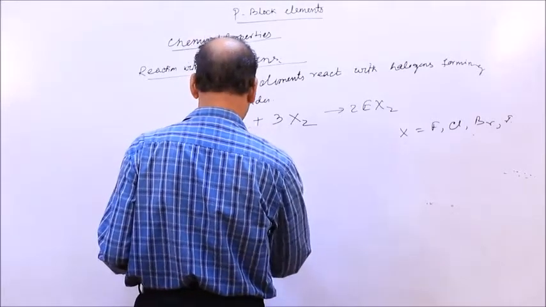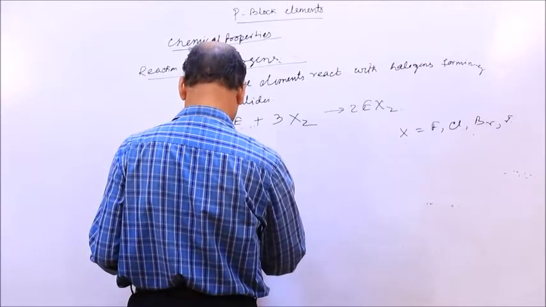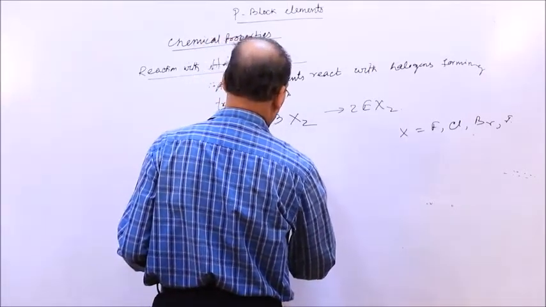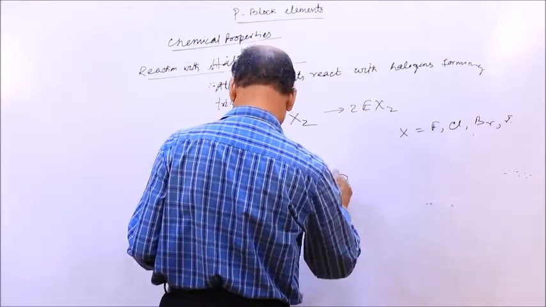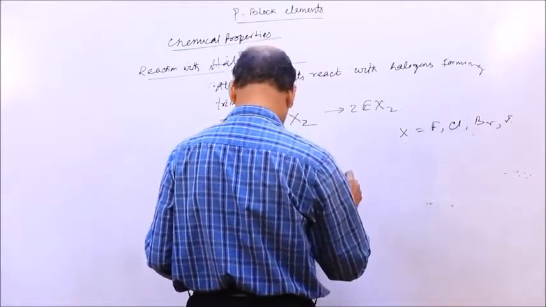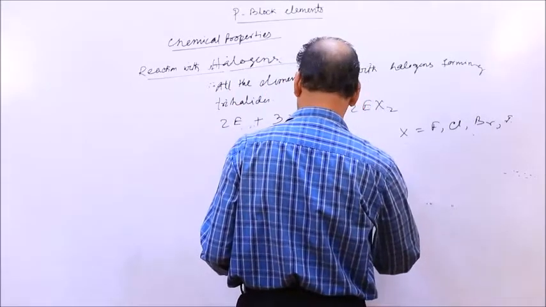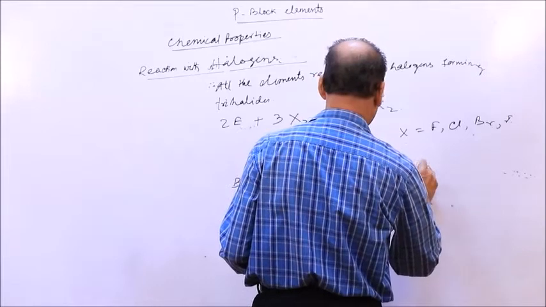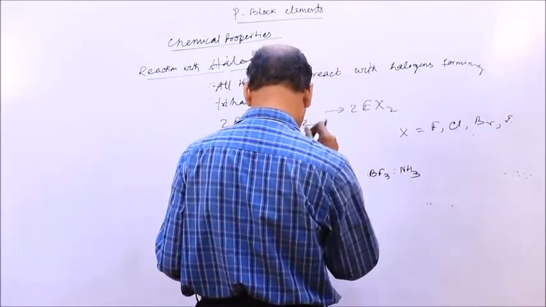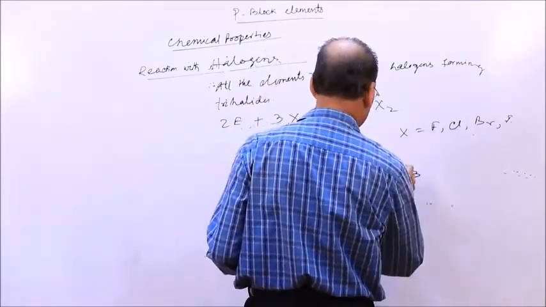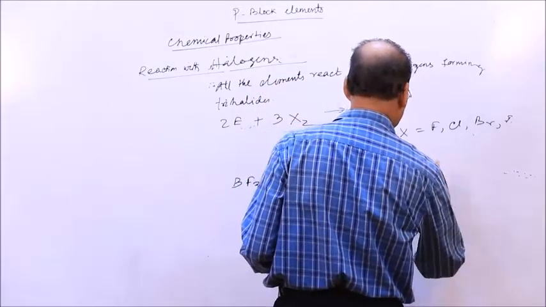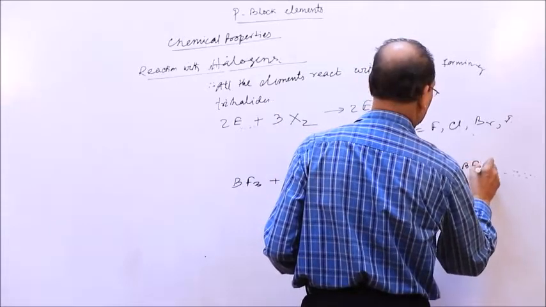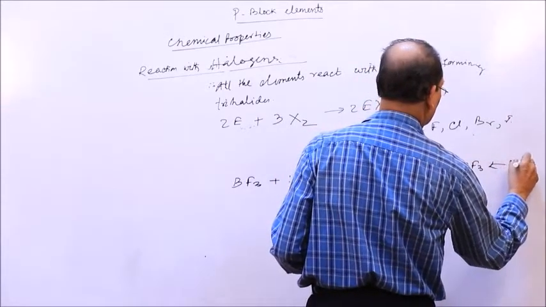The monomeric trihalide, such as BF3, is a Lewis acid that accepts the lone pair of electrons from the ammonia molecule, forming adducts, and it is represented as BF3.NH3.